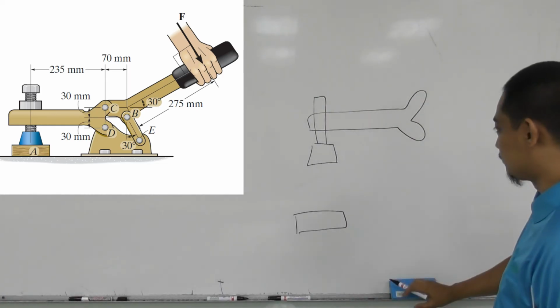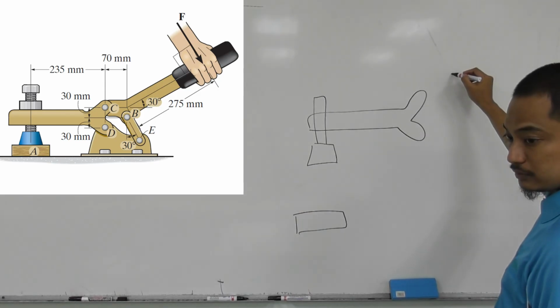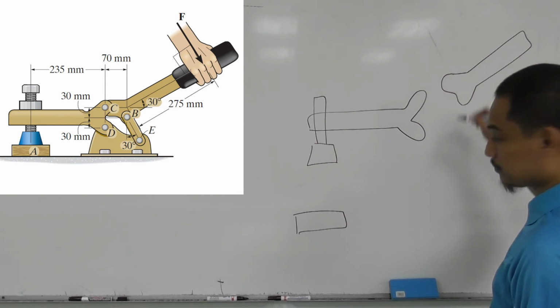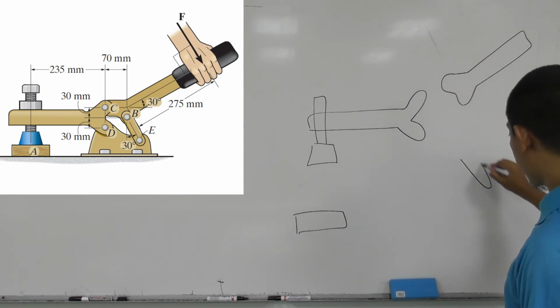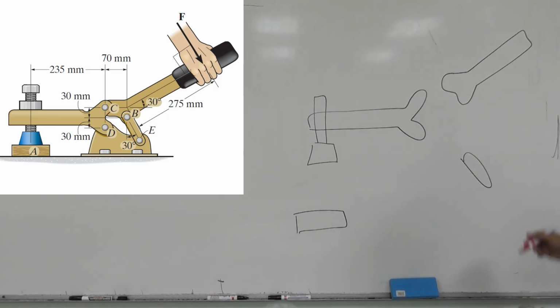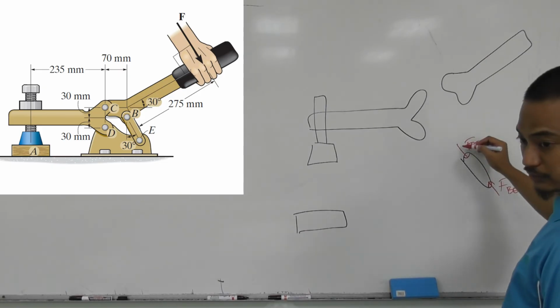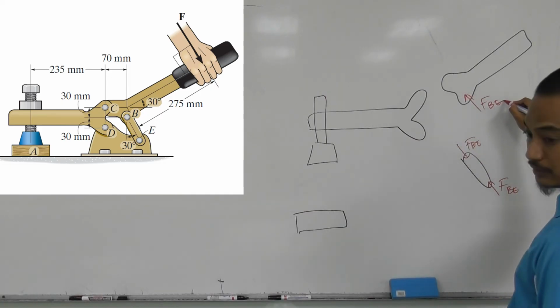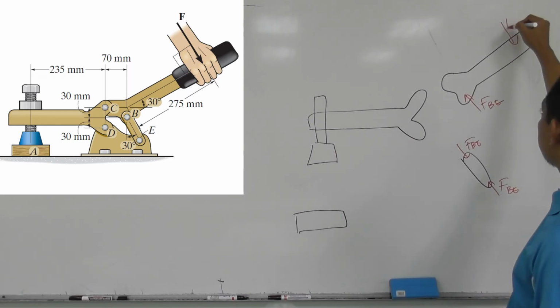Okay, my drawing is too big already. Right, something like that. So member BE, let's consider it is under compression. So corresponding to this one is here, right? So you have BE. Of course, you have the force here.